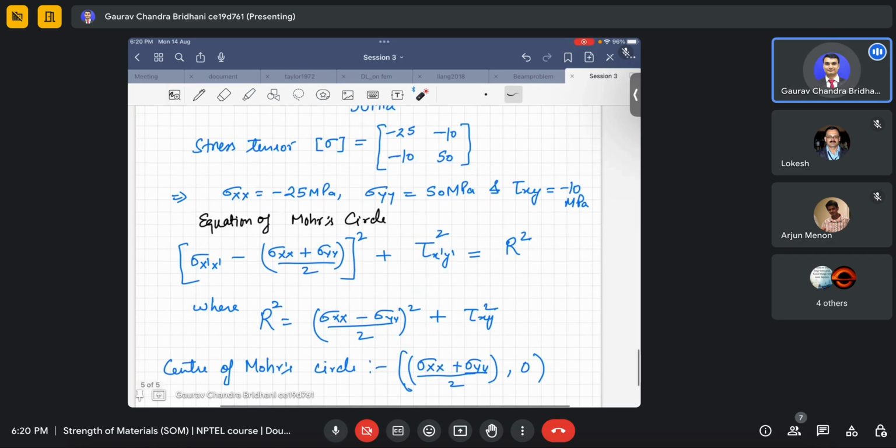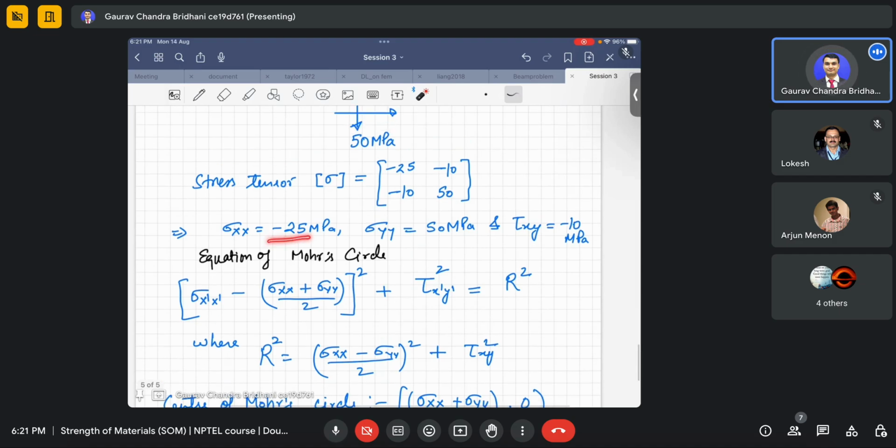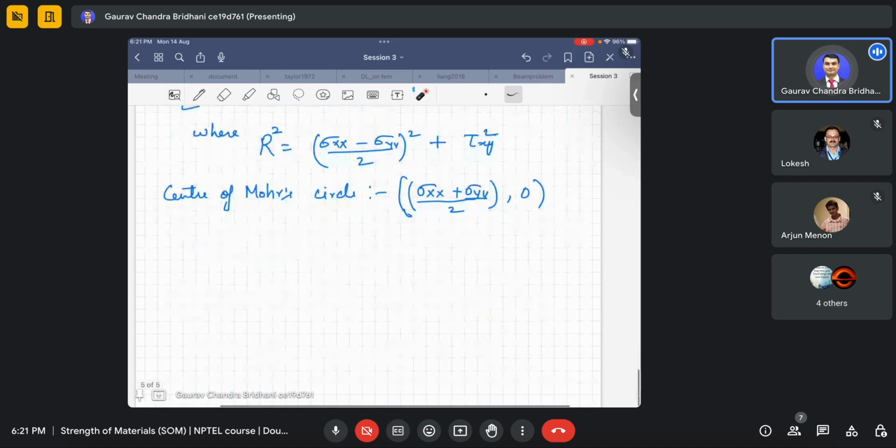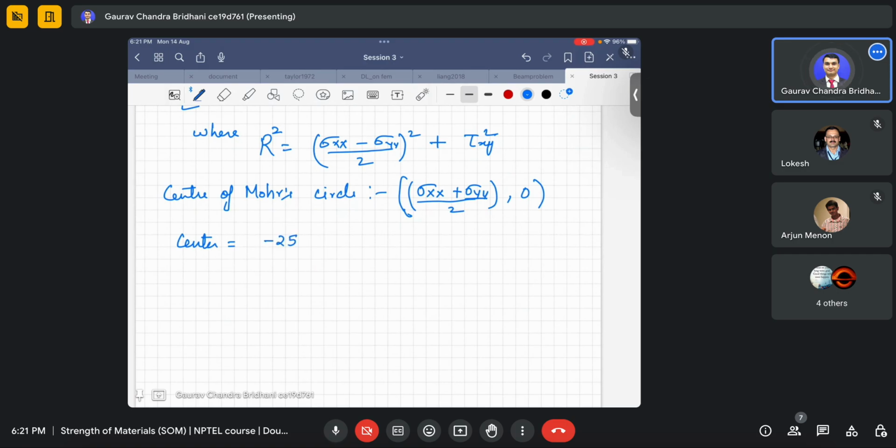Now we know the values of sigma xx and sigma yy, so we can substitute to find the answer. The center will be (minus 25 plus 50) divided by 2, comma 0. That will be 12.5 comma 0.